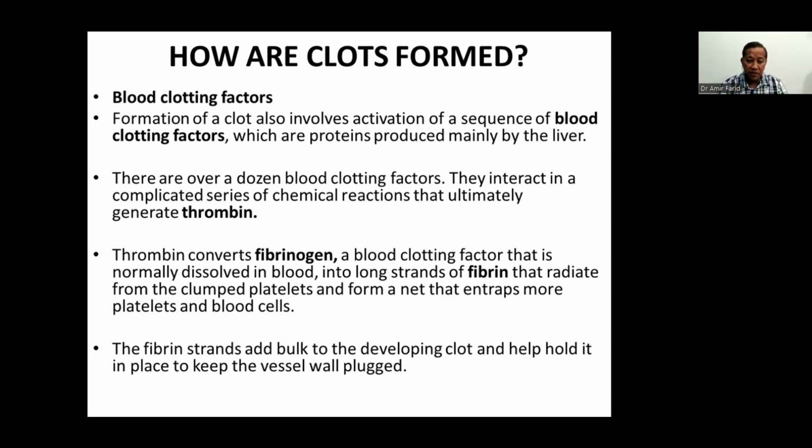Thrombin converts fibrinogen, a blood clotting factor that is normally dissolved in blood, into strands of fibrin that radiate from the clumped platelets and form a net that entraps more platelets and blood cells. The fibrin strands add bulk to the developing clot and help hold it in place to keep the blood vessel wall plugged.